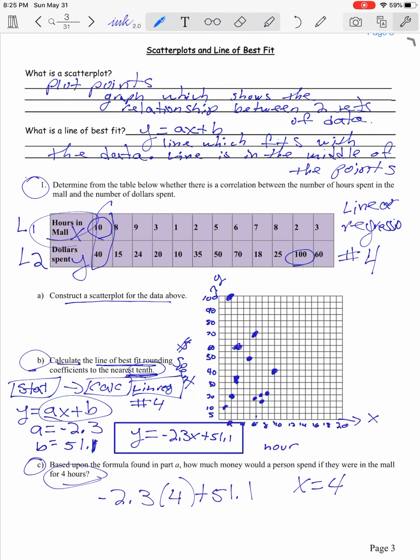You go straight to the calculator, put that in. We know it's money, so we're going to do 2 decimal places. And I got 41.96. If you wanted to, and you didn't want the change, you could round it to $42. That would be up to you.